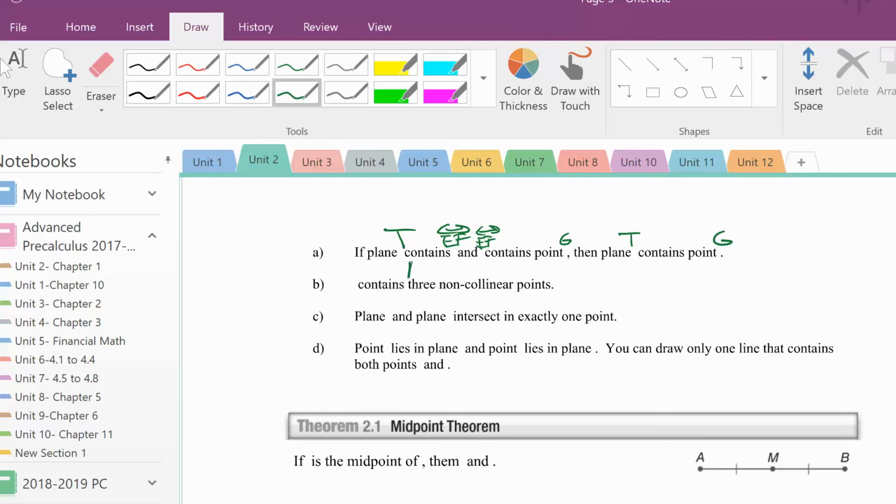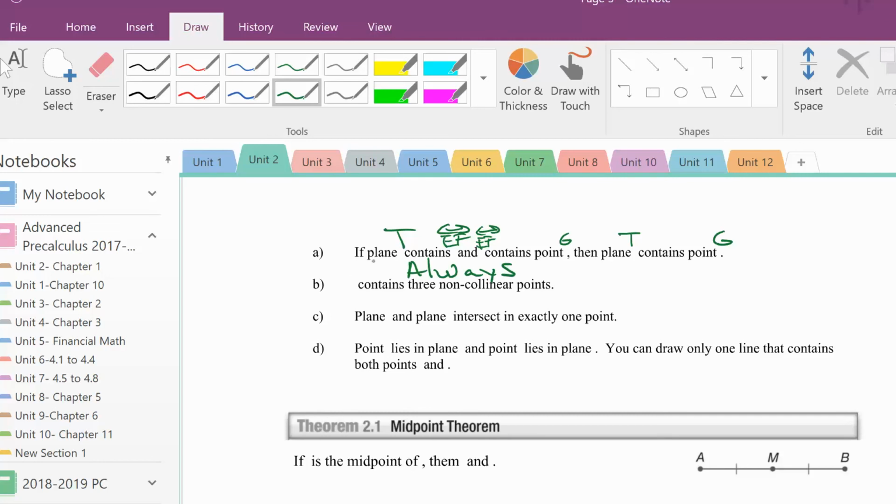And the answer is it's always true. Because remember, any point that's on that line is going to be in that plane if both points are in the plane.